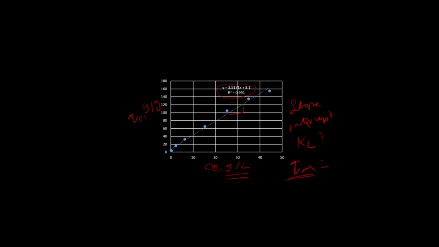QM is nothing but your adsorption capacity. If you remember, I said in the lectures, if QE is expressed in grams per gram, the unit of QM will be grams per gram. And if CE is expressed in grams per liter, KL will be expressed in liters per gram, the inverse of the concentration units. So keep this in mind.